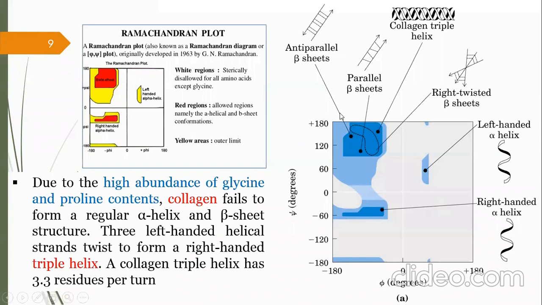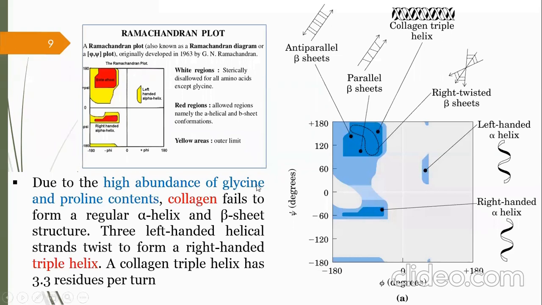Due to the high abundance of glycine and proline in collagen, and we have already talked about this, glycine and proline will not behave like normal amino acids.